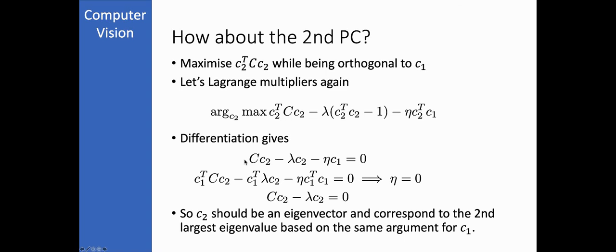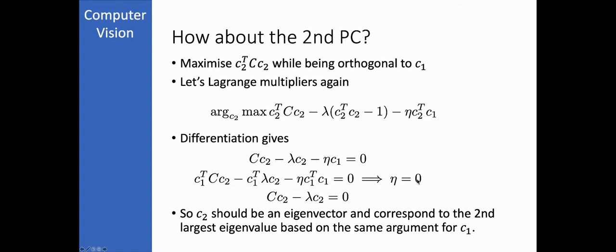Now, if I multiply this from the left-hand side by C1 transpose, I get this term, C1 transpose C2, and this third term. If I now impose the condition that C2 must be orthogonal to C1, then I get the necessary value of the Lagrange multiplier eta, which should be 0.